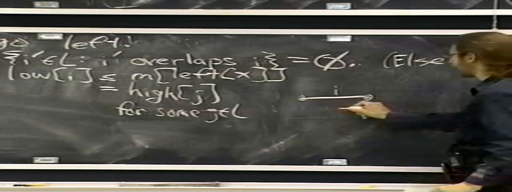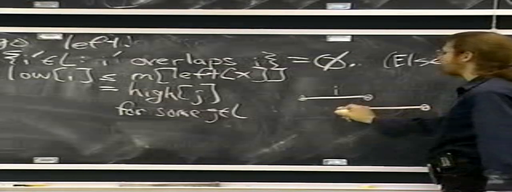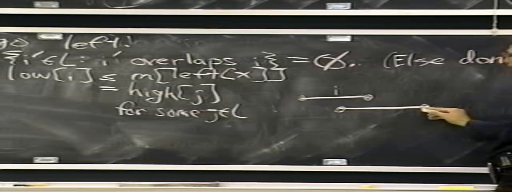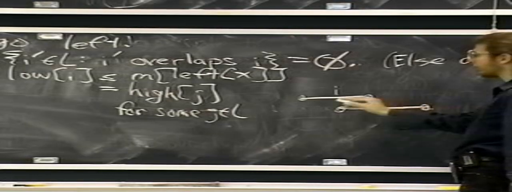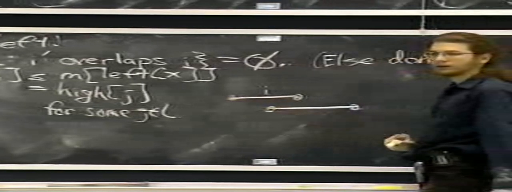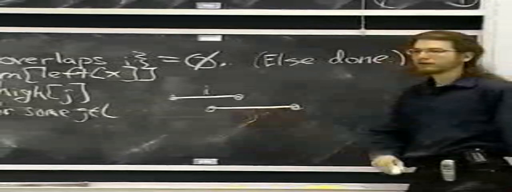So could j look like this? Right here, the right endpoint of j is bigger than the left endpoint of I. Could j look like this? I have to think, what did we assume? This is either too easy or too hard, or both.